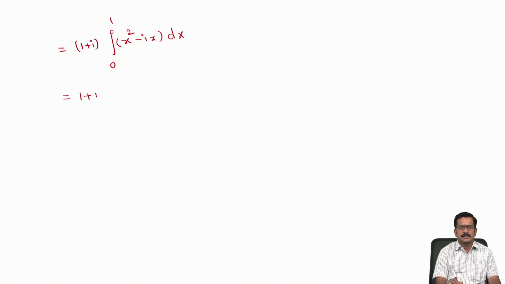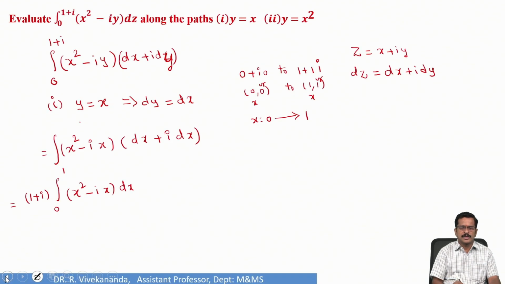1 plus i, x square into dx is x cube by 3, minus i into x dx integration is x square by 2, over the limits 0 to 1. Okay, because the x limits are defined 0 to 1.